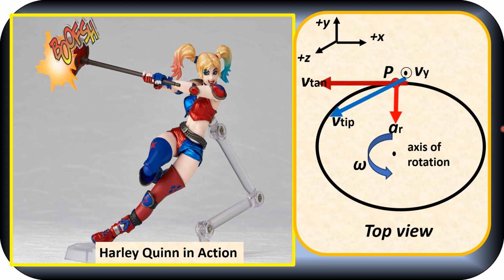So we represent the radial acceleration by this red arrow, denoted by the symbol a sub r. Notice that this radial acceleration is directed toward the center of the circular path, or what we call the axis of rotation.